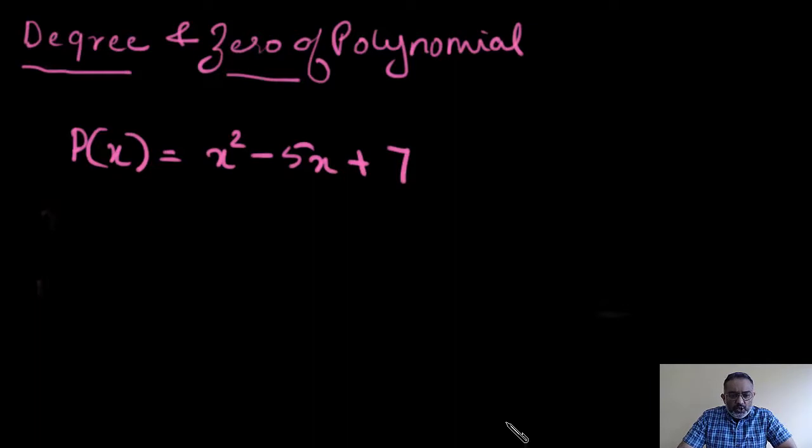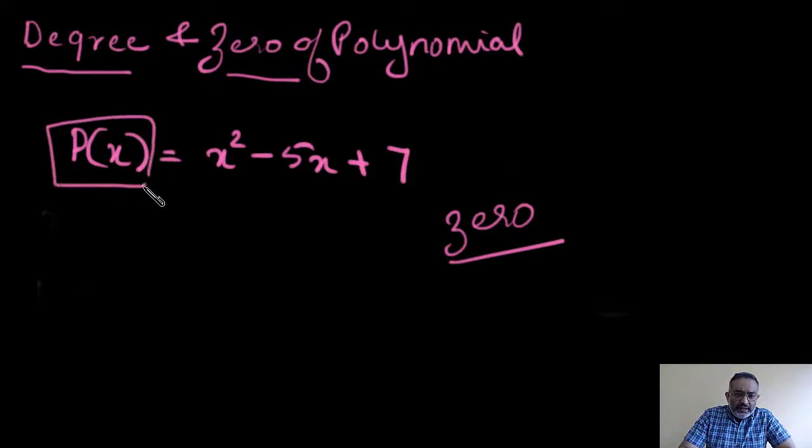Now a very special case of evaluating the polynomial is called the zero of a polynomial. We should understand this as the place where this polynomial p of x is equal to 0, not where this variable is equal to 0. Let's imagine the zero of this particular p of x is that this entire thing is equal to 0.